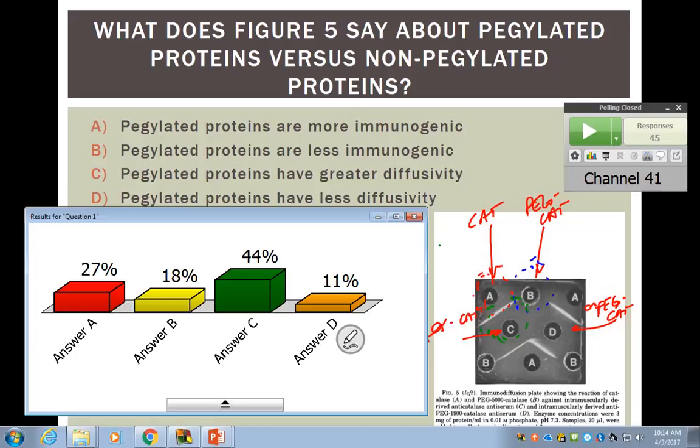If the substance in B was just as immunogenic as the substance in A, what would you expect to see? Expect to see a big old line right here too. Probably one right here as well. And we don't see that.